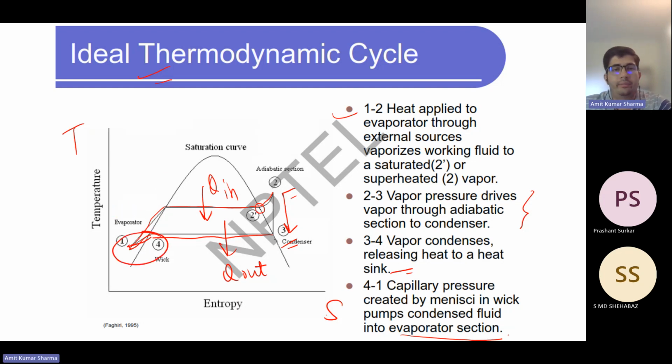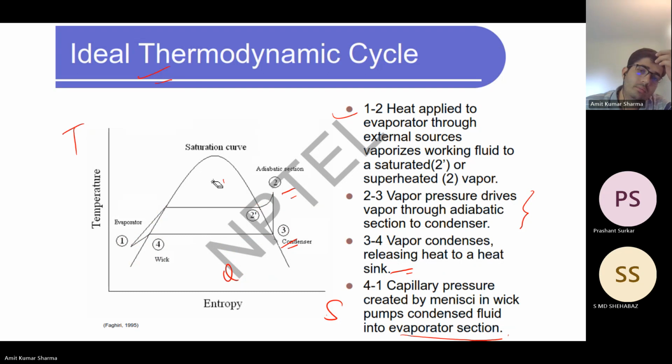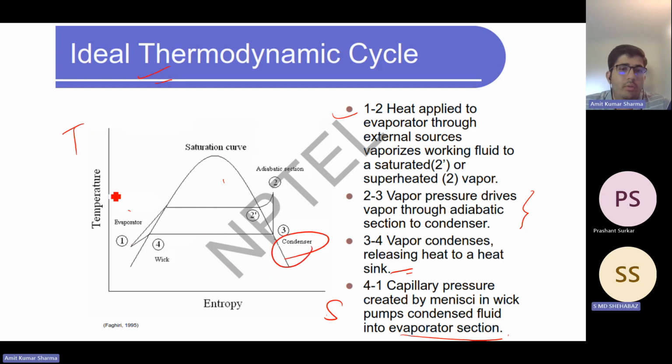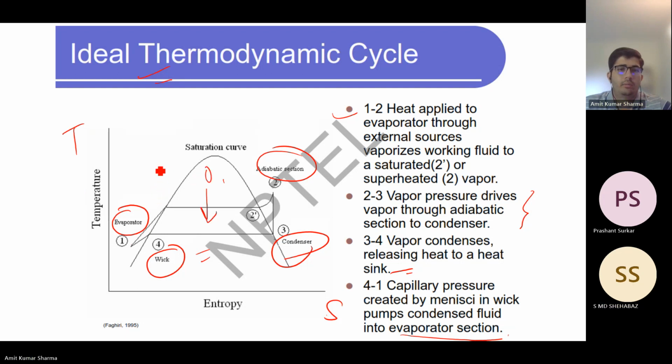In this way, the complete TS diagram is shown here. This is the condenser, this is the evaporator, this is the adiabatic section, and this is the wick. So basically 1 to 2, Q in, then Q out.